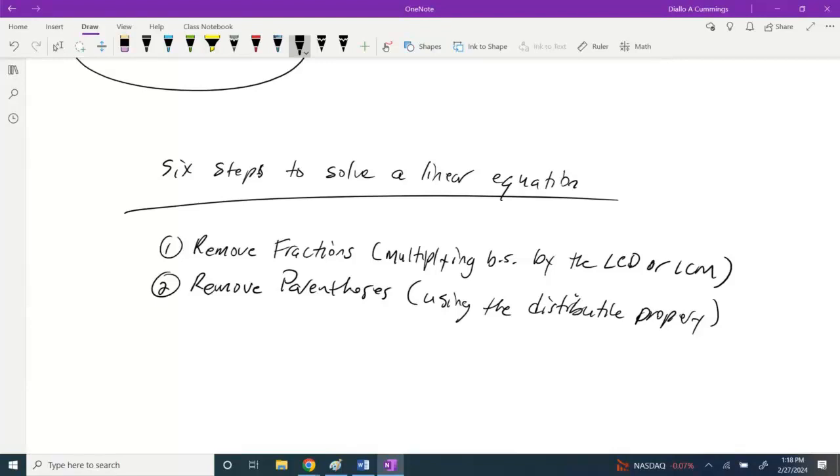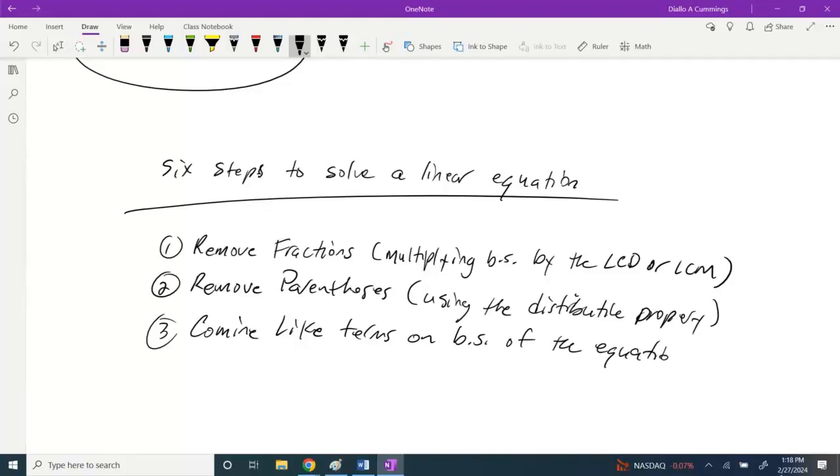All right. The third step is to combine like terms on both sides of the equation. So just remember that an equation is anything that contains an equal sign.